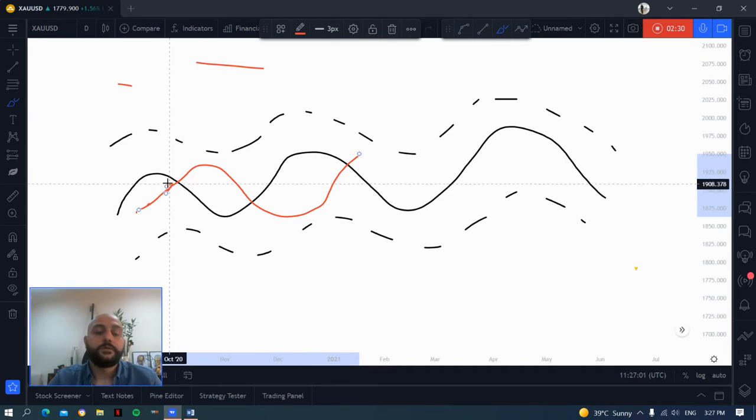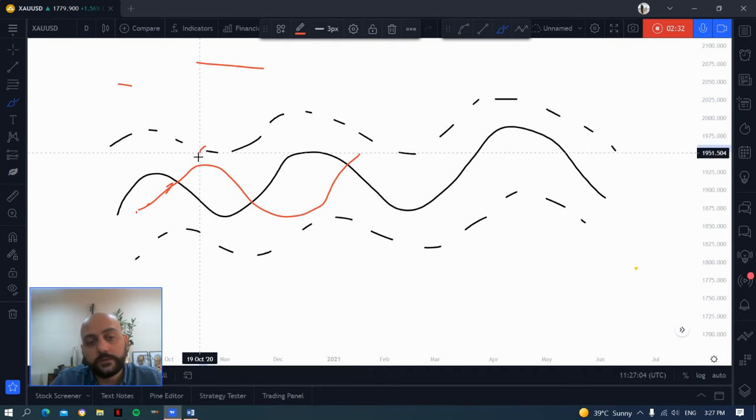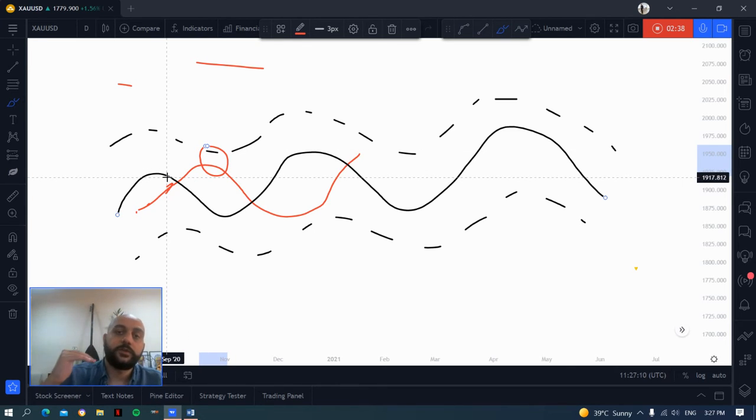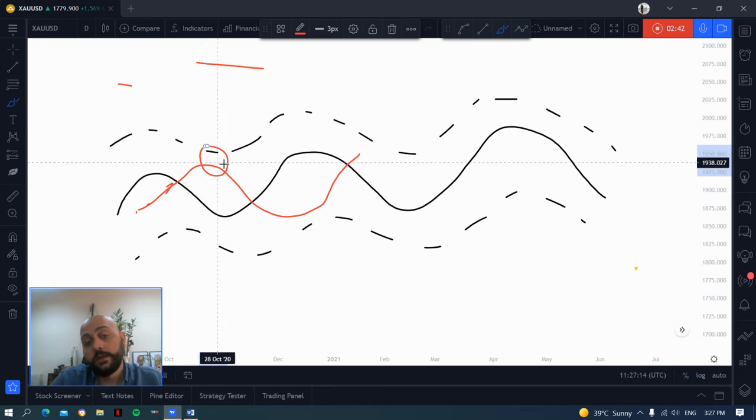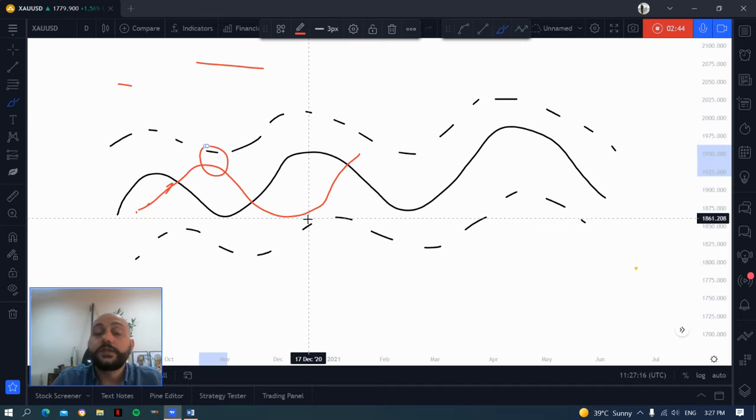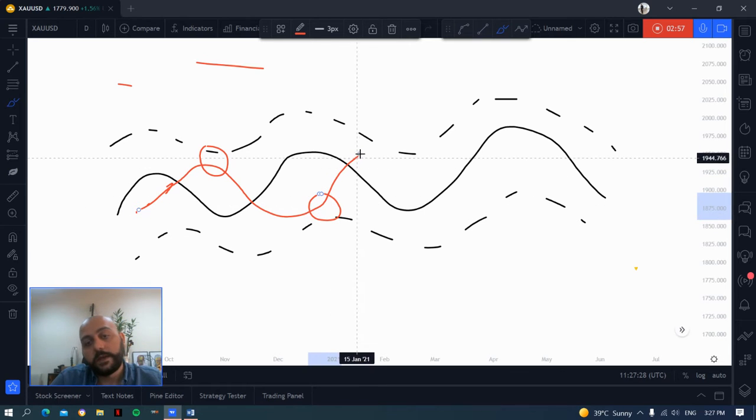So as you notice here, when the price reaches the upper end of the band, this usually gives us a sell signal, that the price has reached the overbought zone and the price will drop down. When we reach the lower end of the band, it's technically a buy signal, and it's going to give us a bounce in the market. So right here, it's going to bounce back up. This is the first way to use this indicator.